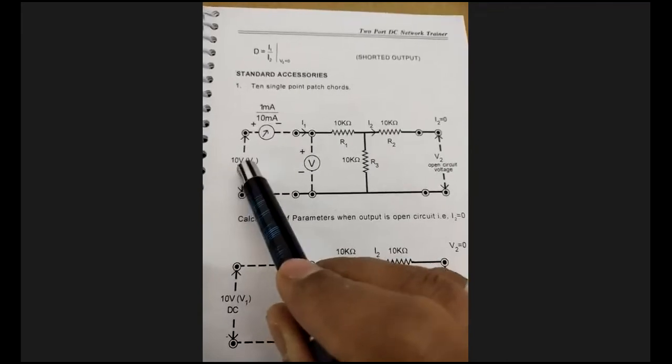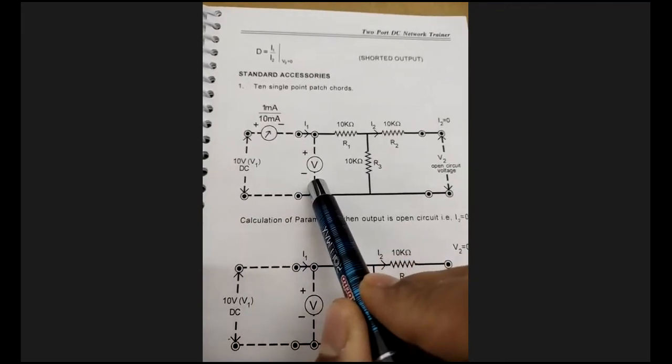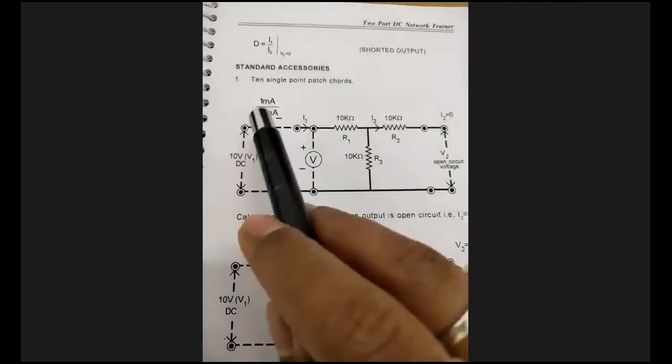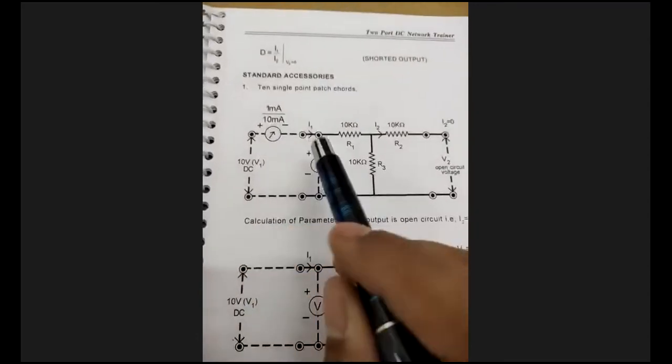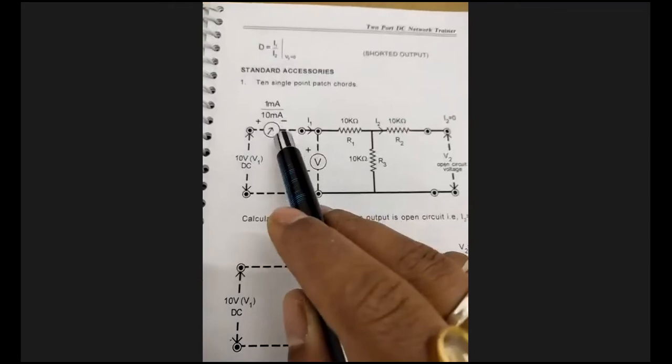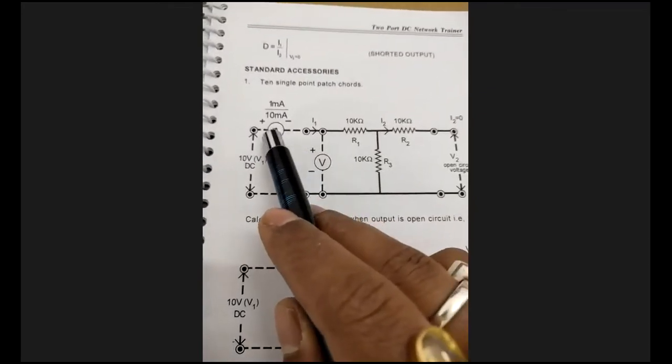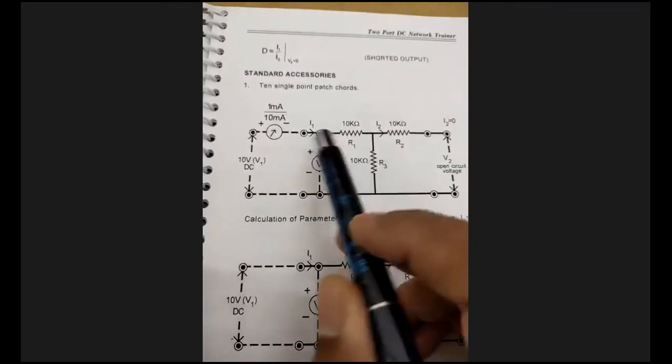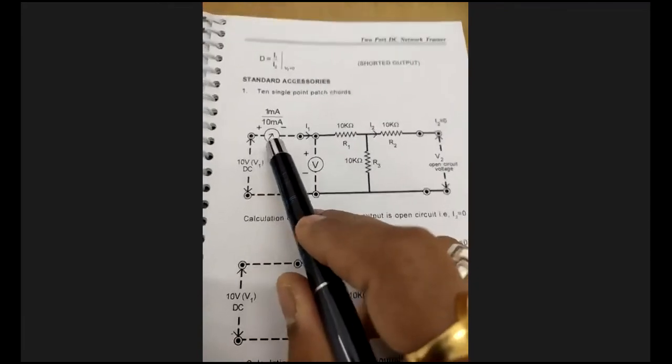When we connect the source to the circuit, we will connect it through an ammeter.